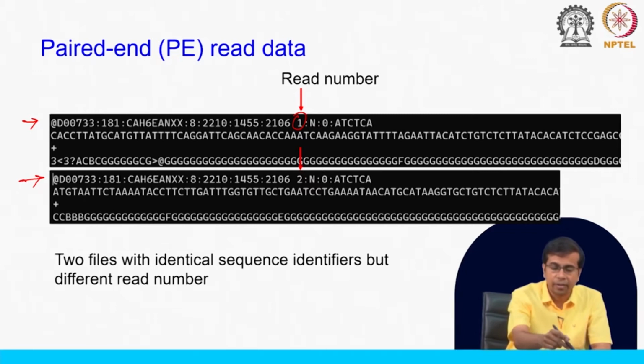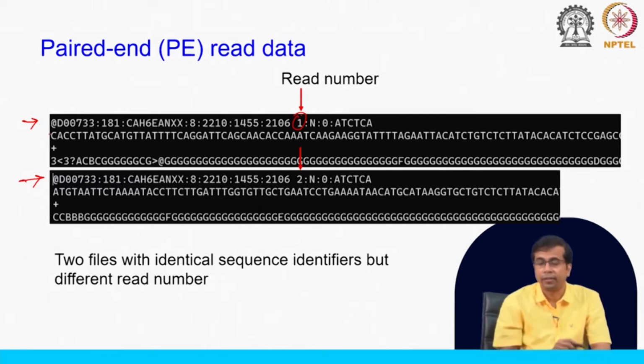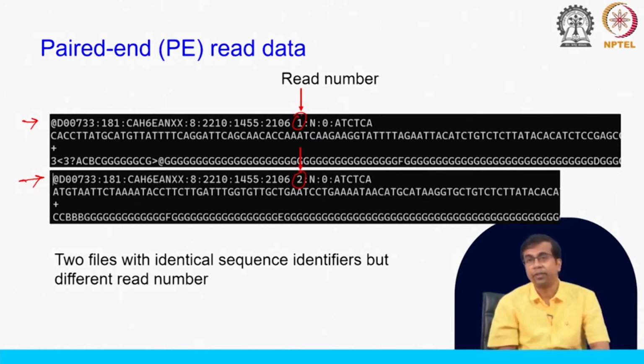Here in the header line, for the first read this is shown as 1, for the second one this is 2. So this tells us we are dealing with paired end data. We have two files, we have these read numbers, and we are dealing with paired end data.